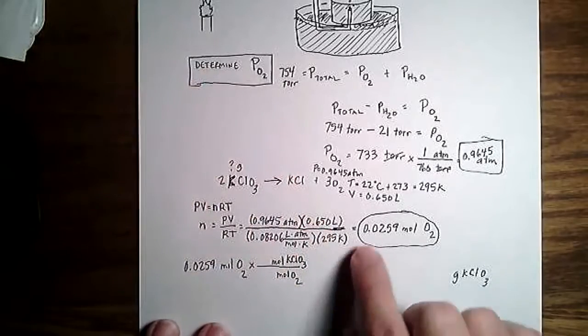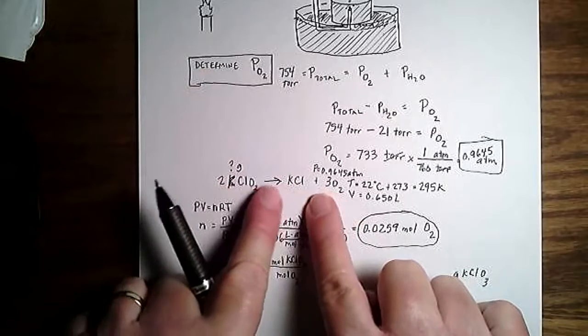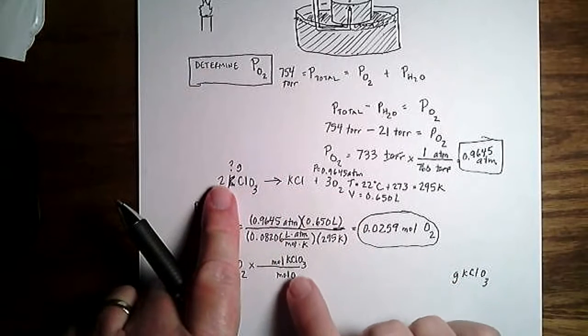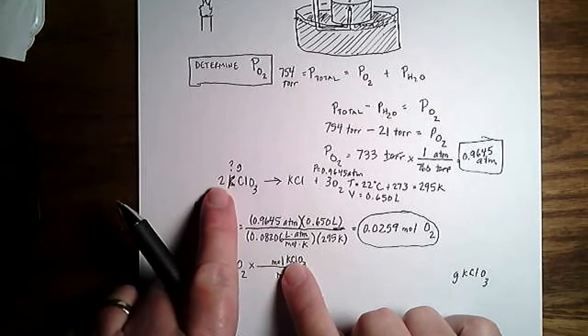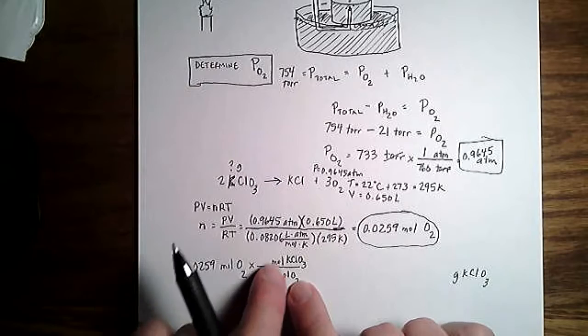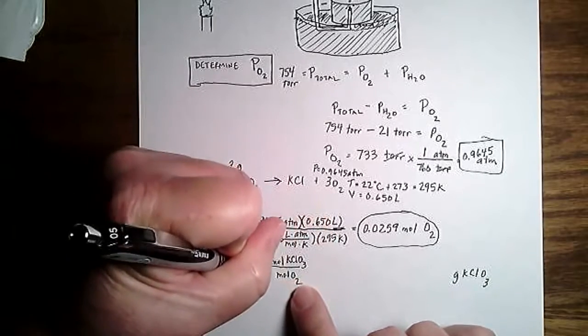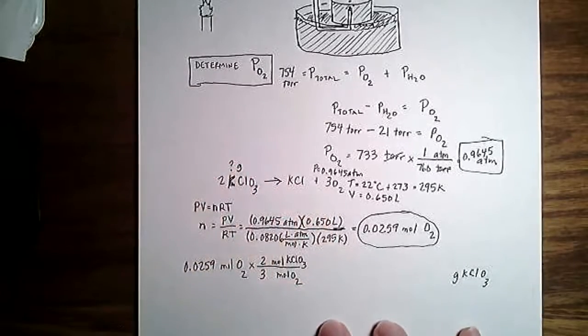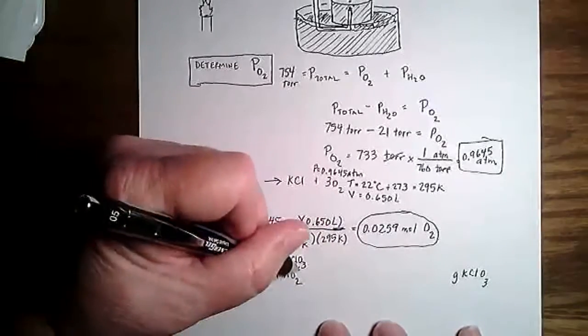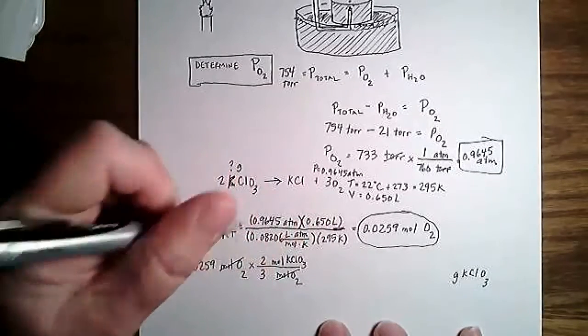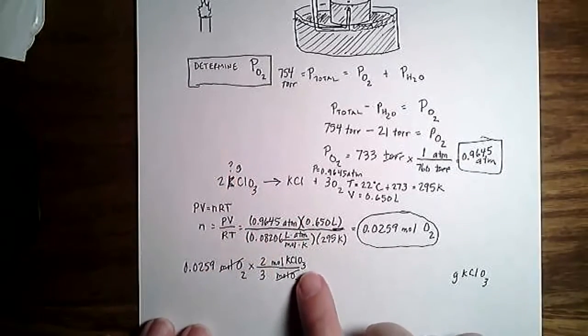And if you look at the balanced equation, I rewrote it here. The KClO3 had a 2 in front of it. The O2 had a 3 in front of it. So this is going to be 2 and 3. Okay. Unit-wise, those moles of O2 cancel. And right now I have moles KClO3.